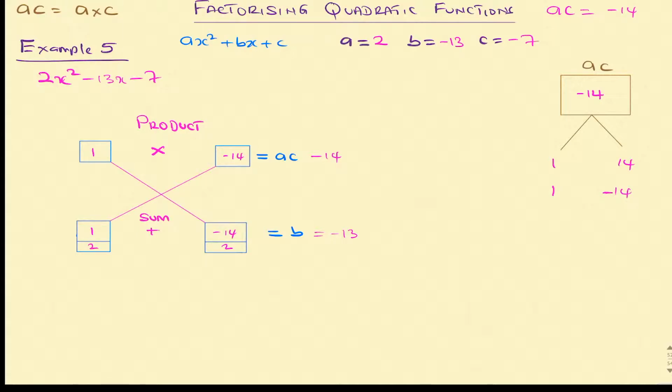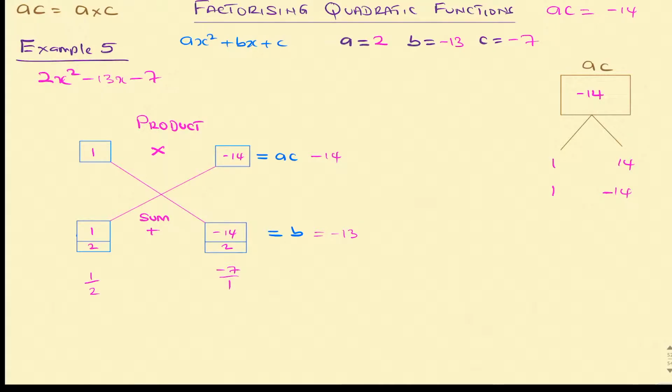Again here, you can see 1 over 2 is the first part of our factor, and minus 14 over 2 is the second part. We need to simplify one of them if we can. So we're going to get minus 7 over 1, because 2 in 2 is 1, and 2 in minus 14 is minus 7. So now our actual factors will be a half and minus 7 over 1.